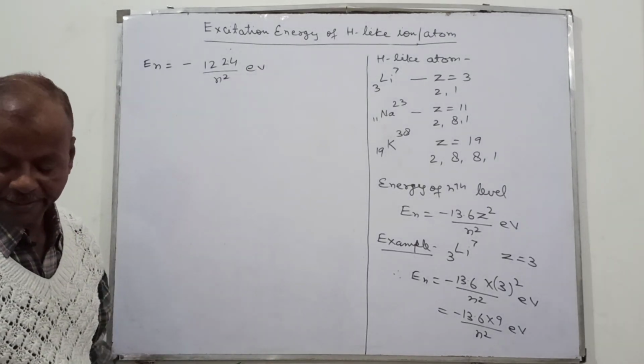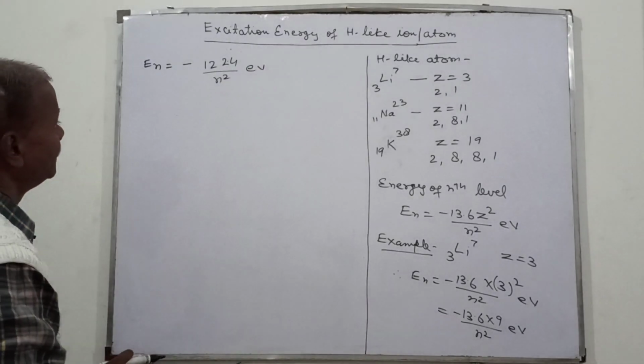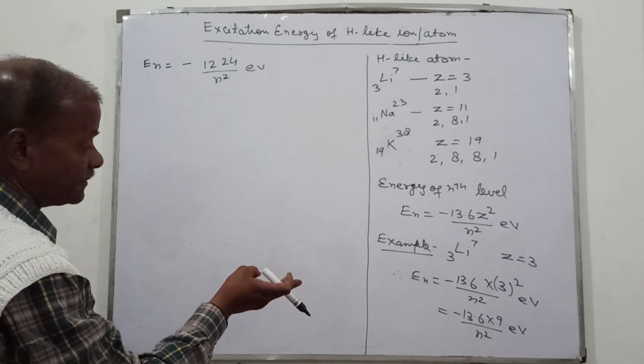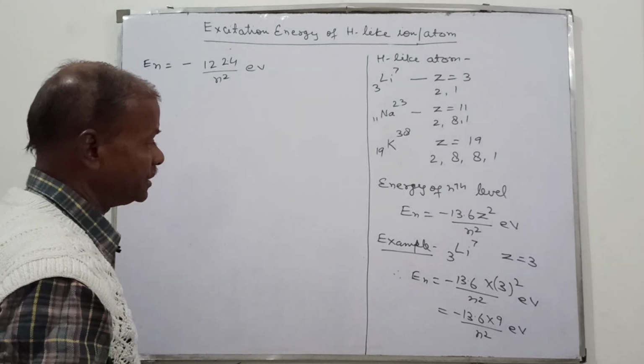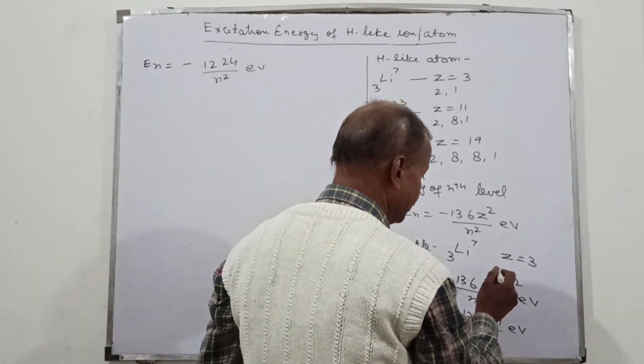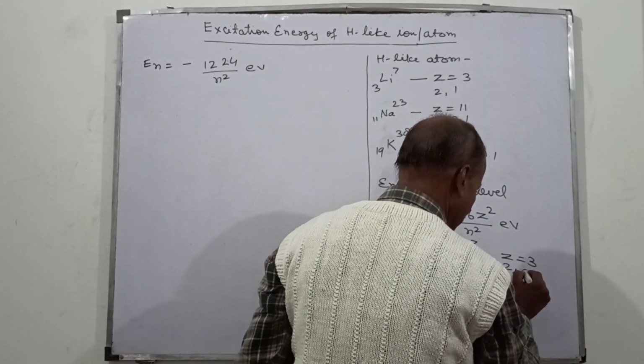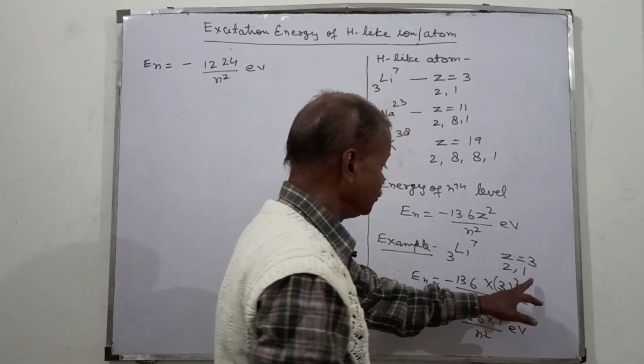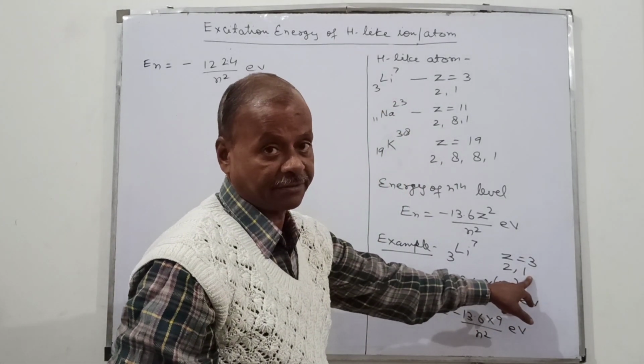This is about the energy states. Now we take n equal to 1, 2, 3. Since the electron configuration is 2 and 1, this electron is in the second energy state.